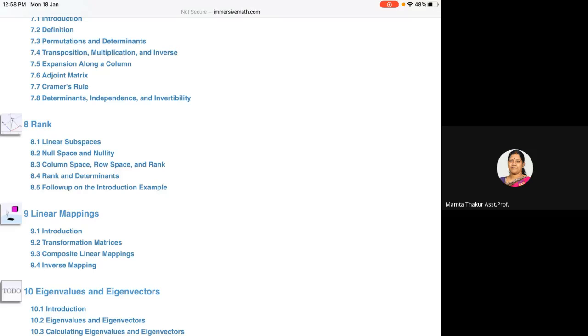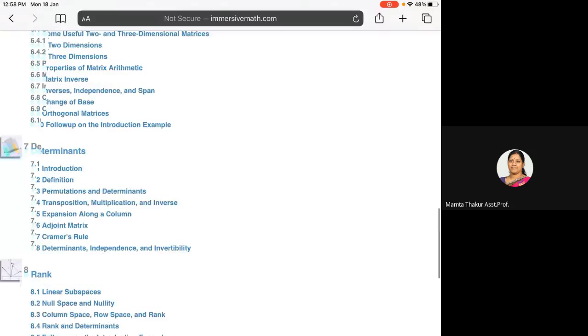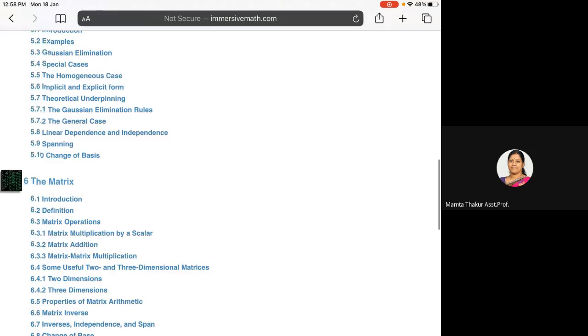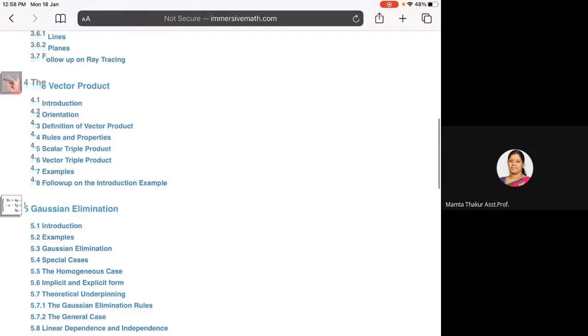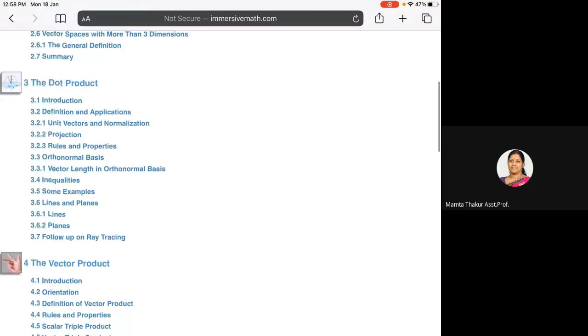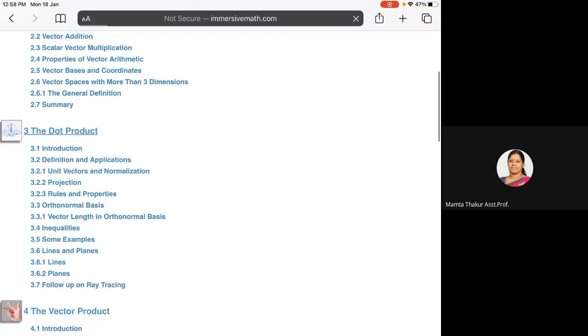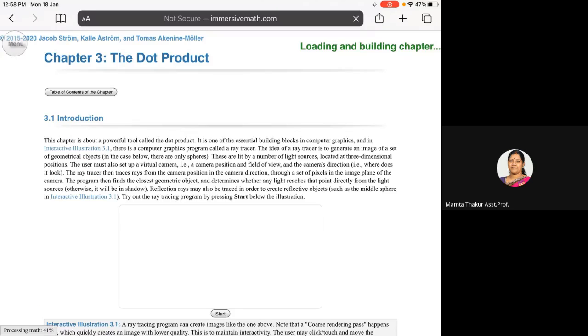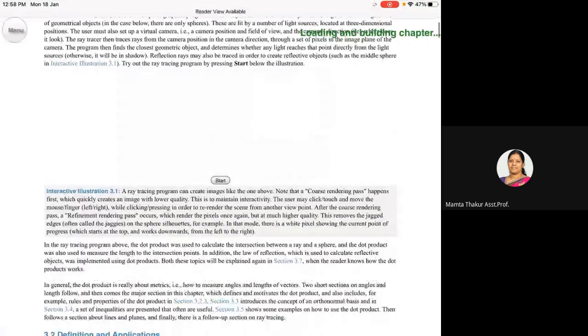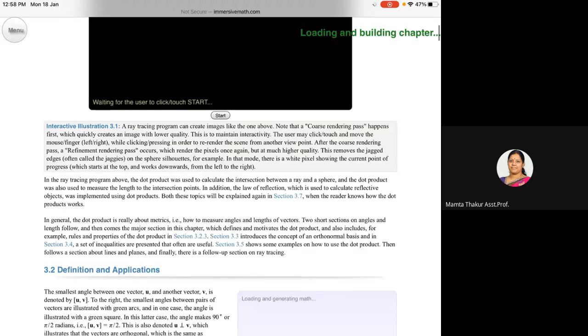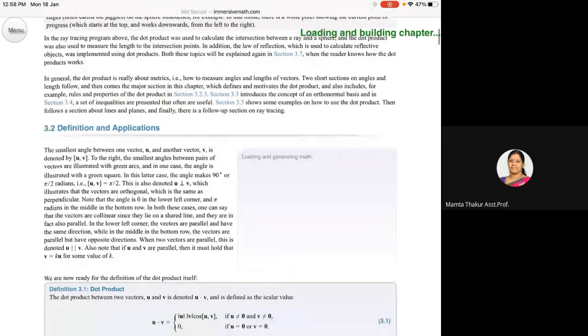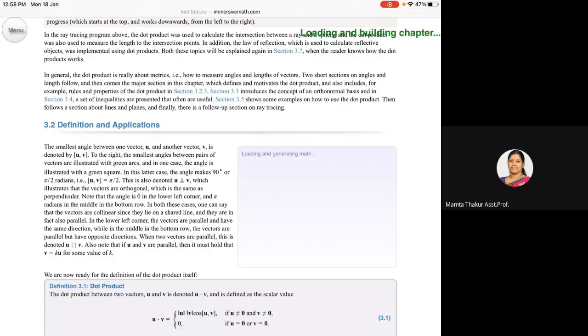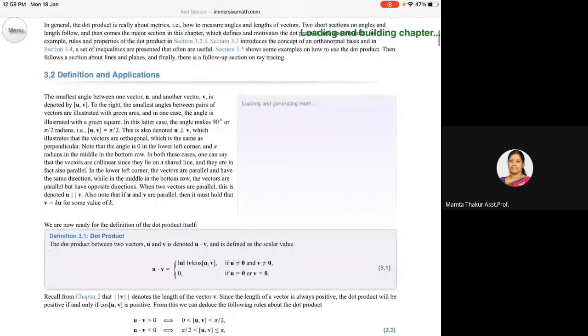Let's just try to look at this dot product. So you can see the beautiful definitions in detail.